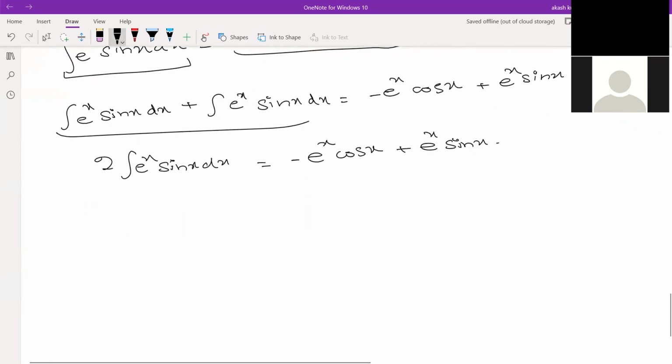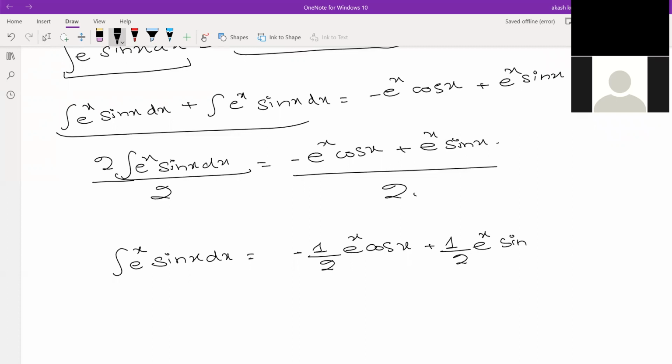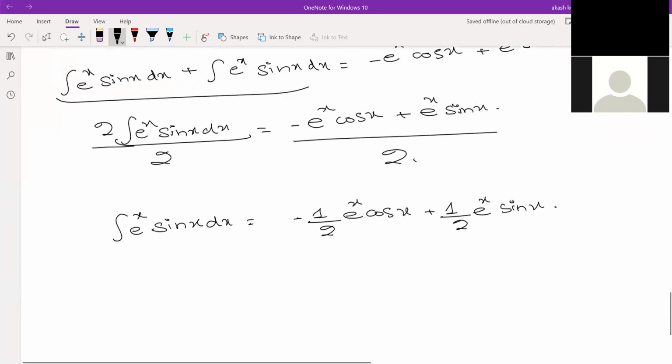We just need the integral of e^x sine x, so we don't need the 2 with it. Dividing both sides of the equation by 2, it becomes the integral of e^x sine x dx equals minus 1 over 2 e^x cos x plus 1 over 2 e^x sine x. And we have to write down a constant of integration, which is c.